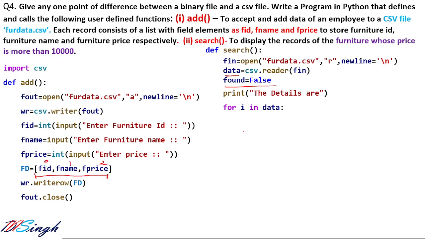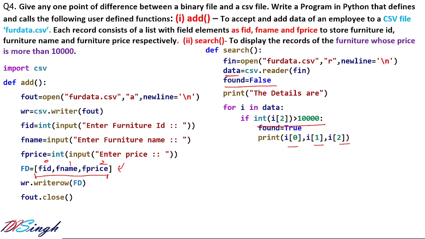At the second index we have FPrice. So int of i of 2 is greater than 10,000, where i is a single record at a time while iterating over the reader object. If so, you need to make your found variable true and display that particular record: i of 0, i of 1, i of 2. So i of 0 will display the furniture ID, then the furniture name, and then the furniture price.